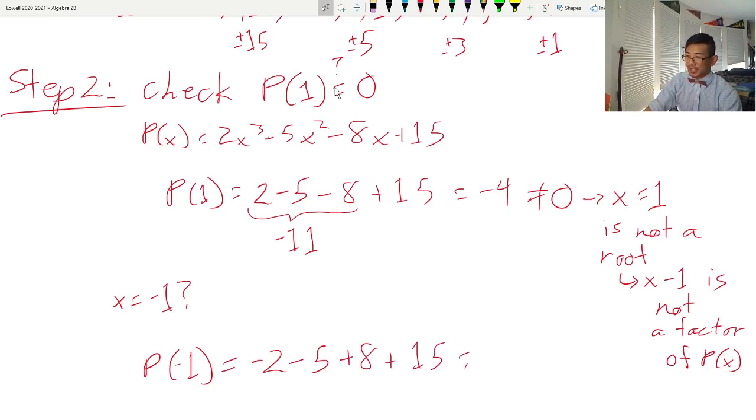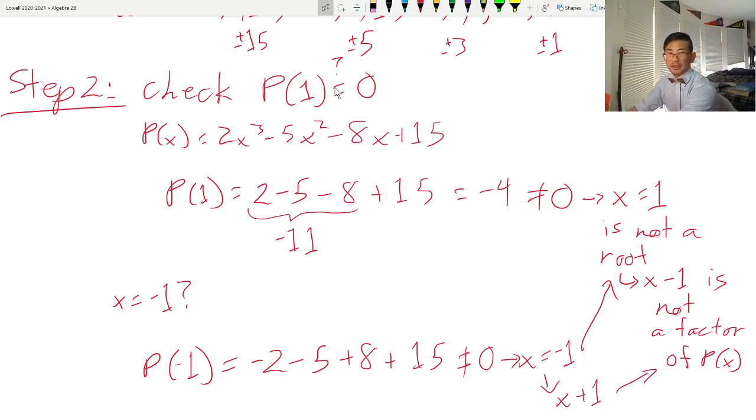I think we can already kind of see that this is unfortunately not 0. And therefore, again, x equals negative 1 is not a root, and also, therefore, x plus 1 is not a factor.